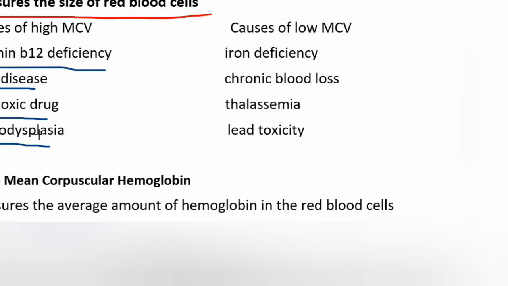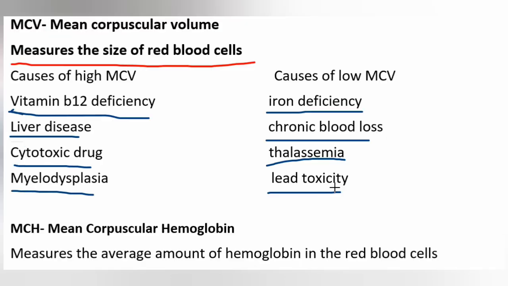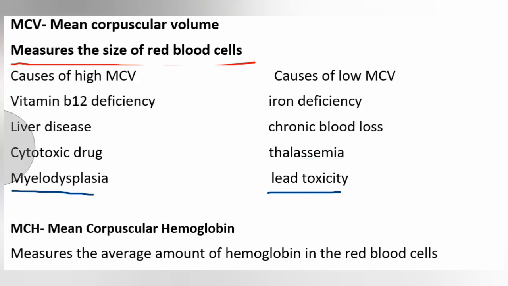Causes of high MCV level: vitamin B12 deficiency, liver disease, cytotoxic drugs, myelodysplasia. Causes of low MCV: iron deficiency, chronic blood loss, thalassemia, and lead toxicity.